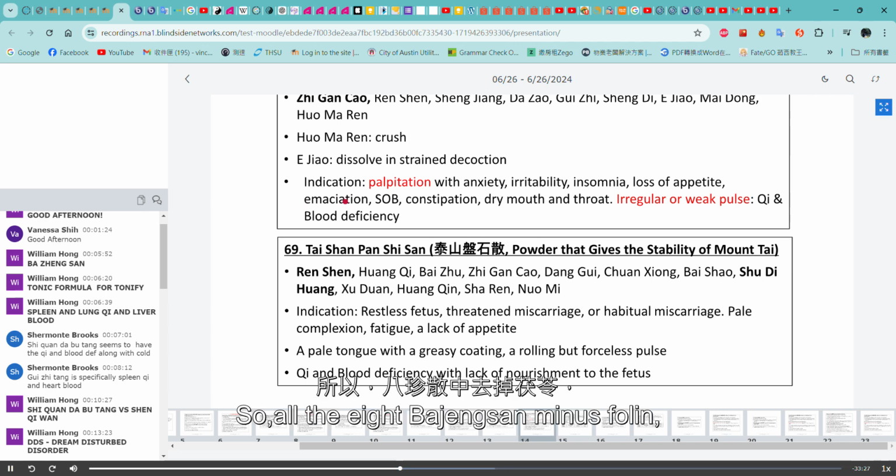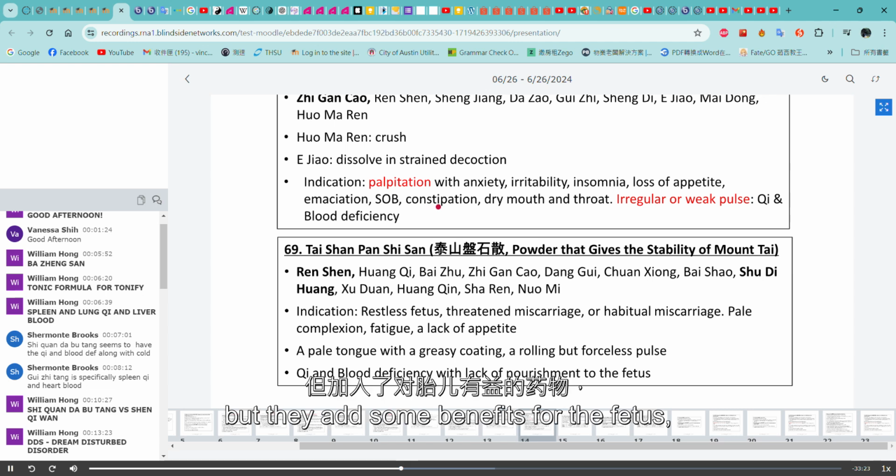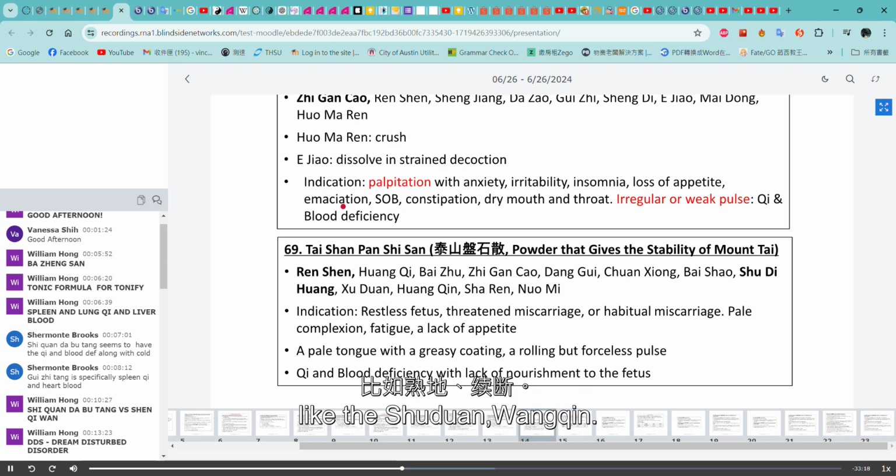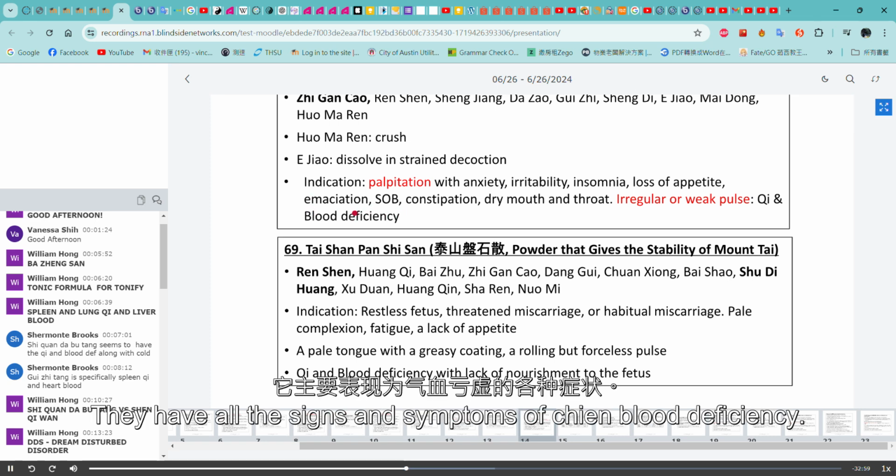So it is Bazhen San minus Fuling, but they add some benefits for the fetus, like Xuduan, Huangqin, and Sharen. They all help the fetus: strengthen the yang and the muscle, clear heat, and dissolve dampness.